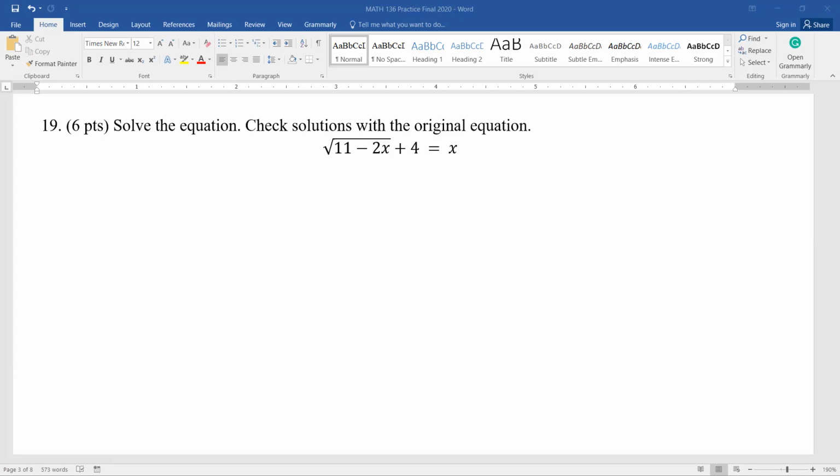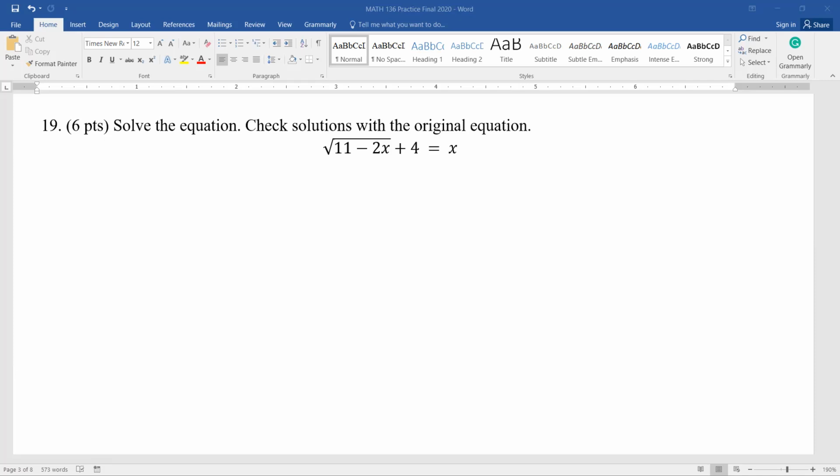So now that we have this, we want to take both of our factors and set them equal to 0. And then keep in mind, we got 2 answers, so we want to take both of these answers and check them.